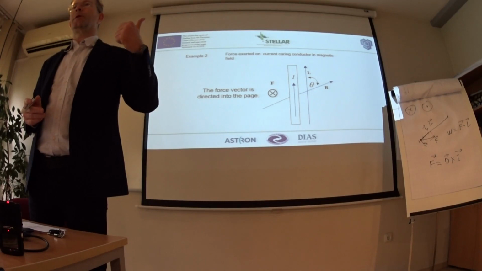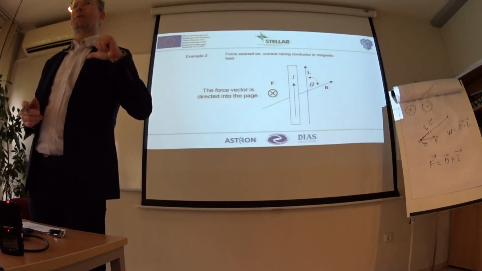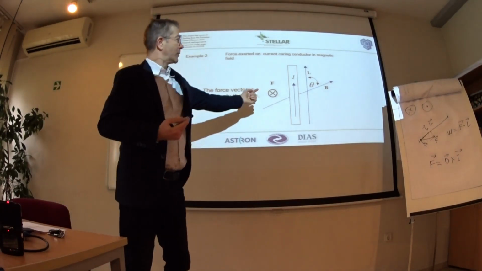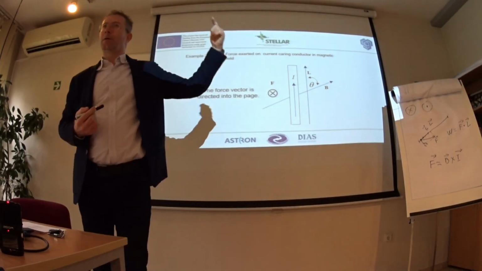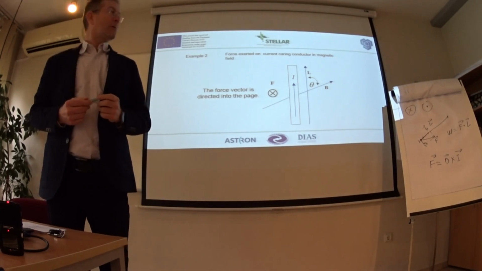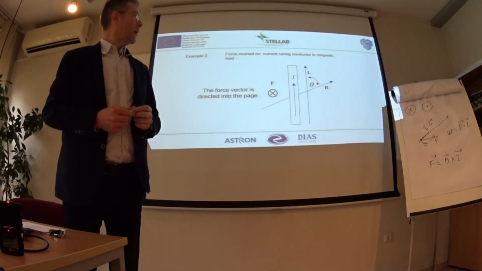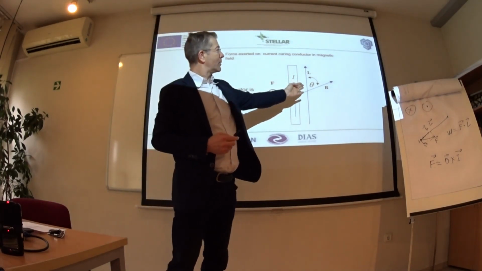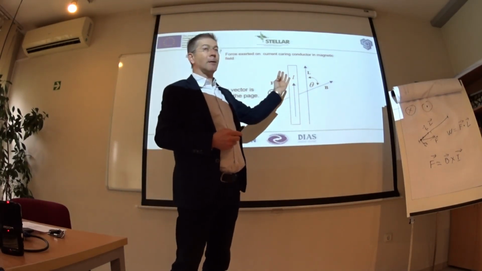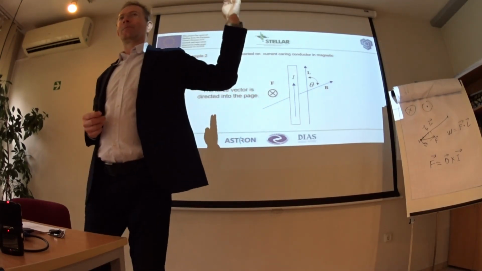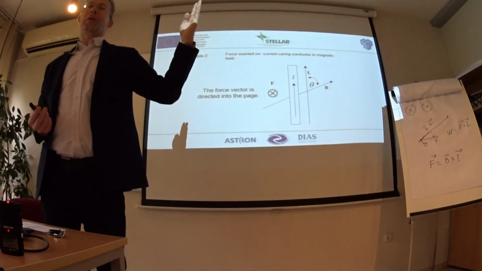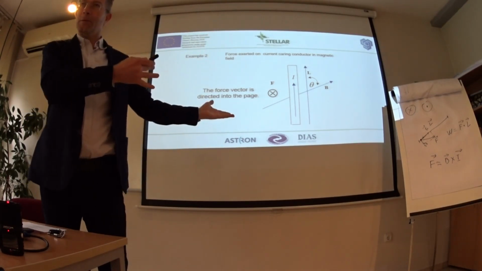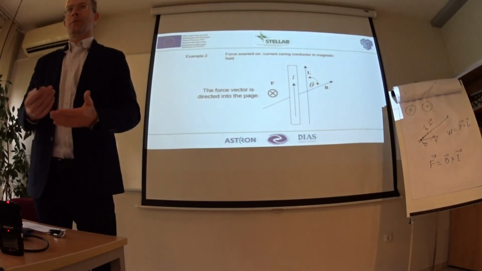What will happen if we reverse the direction of the current? The force will be in the opposite direction. Exactly. The force will emerge from the screen, come towards us. And third, what if the field is in line with the current? There will be no force on the conductor. And this is a typical example of the cross product of vectors.